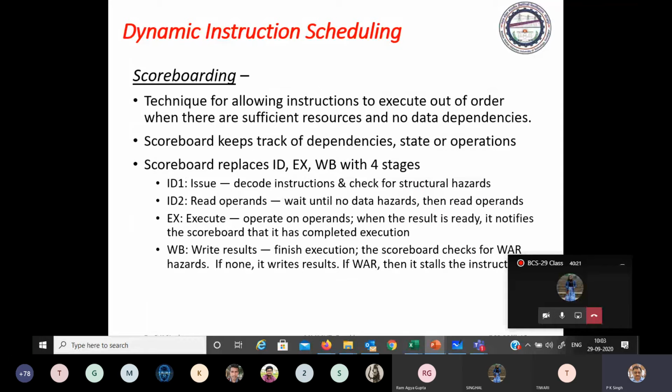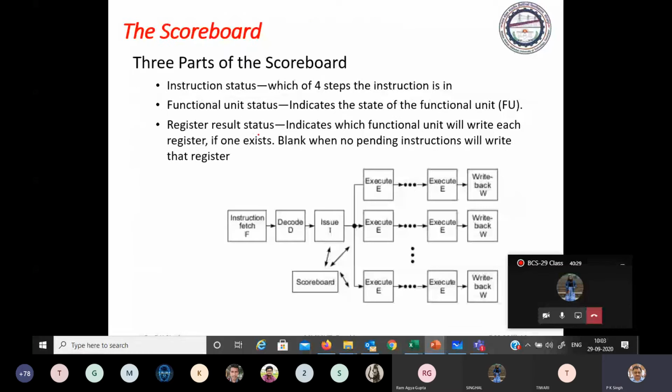Next is scoreboarding. Again, what we do, we maintain a scoreboard. Okay, and in the scoreboard we have the information about the instruction, and this scoreboard looks for the operand.